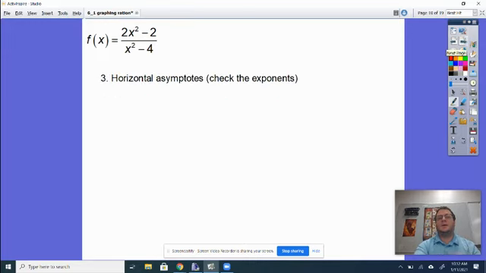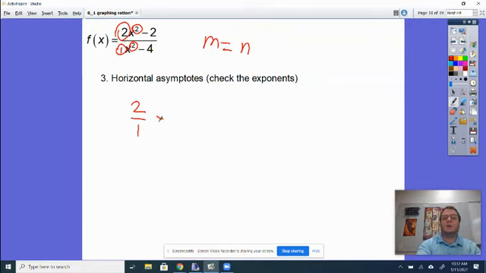Okay, horizontal asymptotes. So if they're equal, if m is equal to n, I'm going to look at the leading coefficients. In this case, 2 over 1. So I'm going to have a horizontal asymptote at y equals 2.